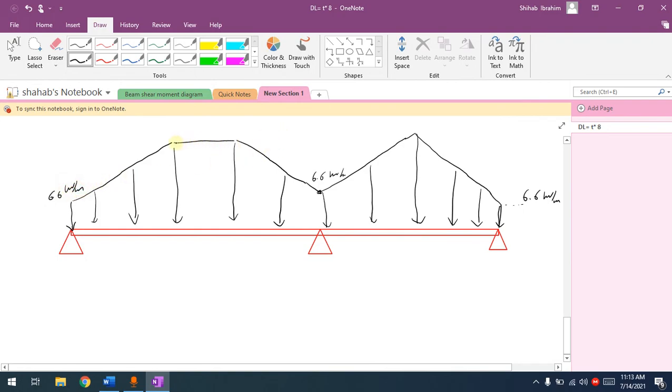The top value we have here is 18.6 kilonewton per meter, and the same here, 18.6 kilonewton per meter.